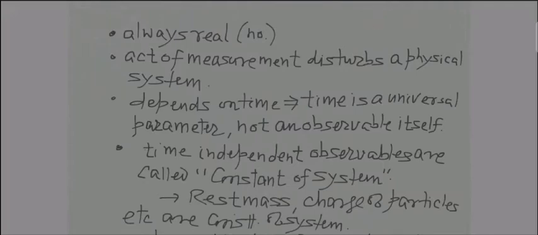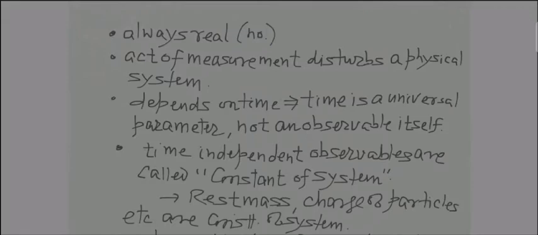So when we try to measure the position of an electron, we have to put light on it, and light consists of photons. Photons make a considerable change in the momentum of the electron. So your measurement is disturbing the physical system.